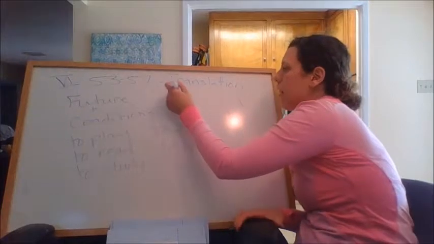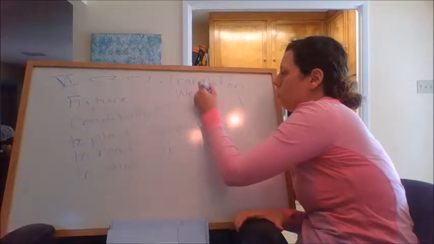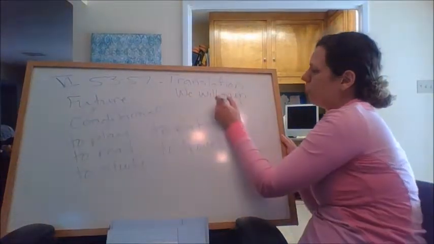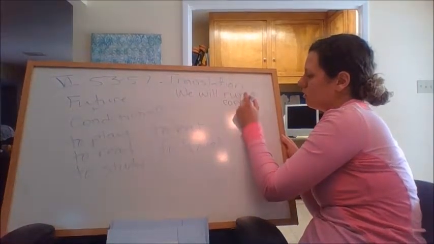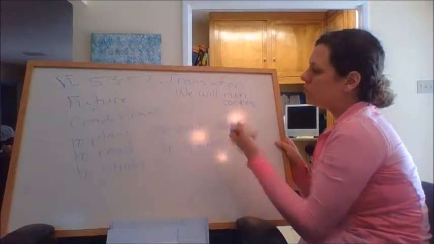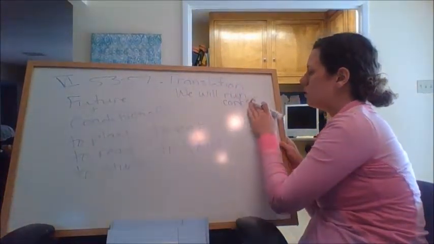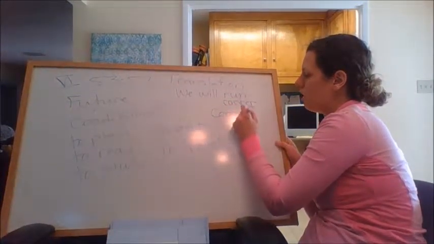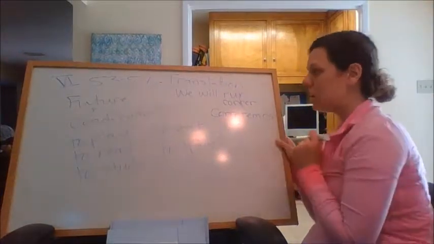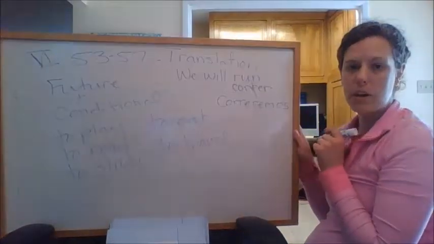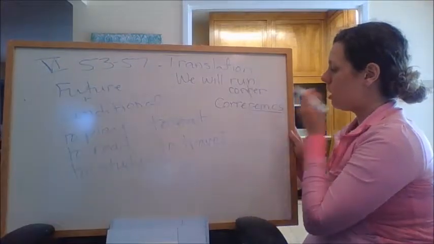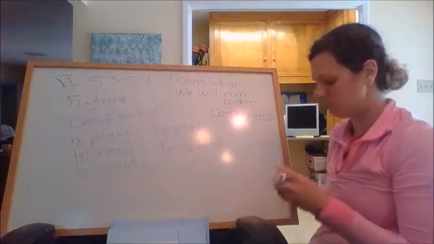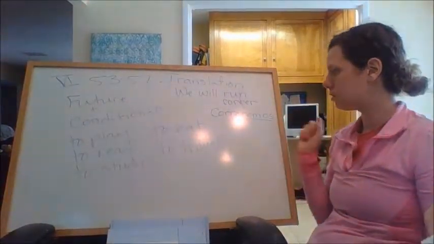So if I said something like, we will run, the verb for to run is correr, and my future tense ending is emos. So I would say correremos, and that's it. You could say nosotros, but it is optional, not required, because certain endings indicate that. Nosotros is the only subject that could go with emos.